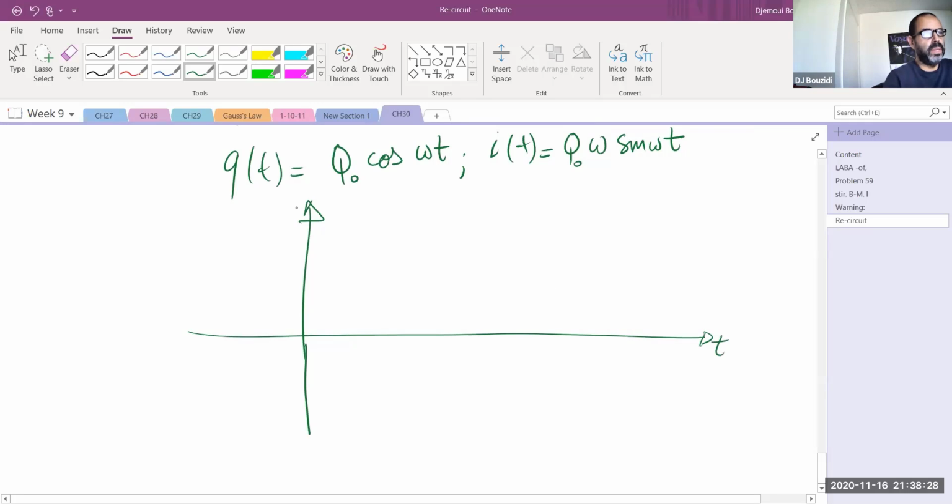So this is time t. So this is either Q sub t or I sub t. I'm going to draw them with the same amplitude, although there is a factor of omega difference between them. So I'm going to draw the charge with a red.